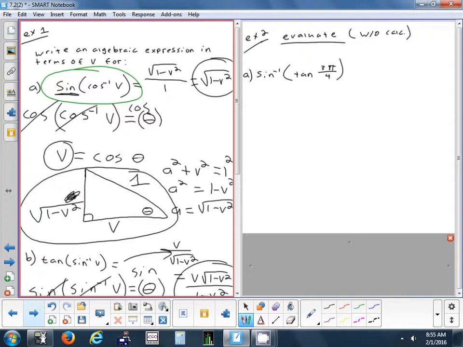Because if you know pi over 4, then you just have to triple that. 360? No, 360 is 2 pi. 135. Pi over 4, that's a 45. And then we're tripling it, so this is 135. You don't have to change to degrees, but if it's easier for you to visualize that in your head, maybe you want to do that.